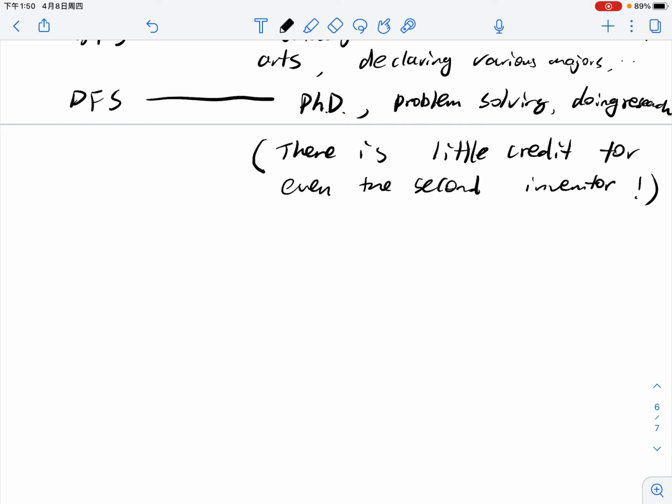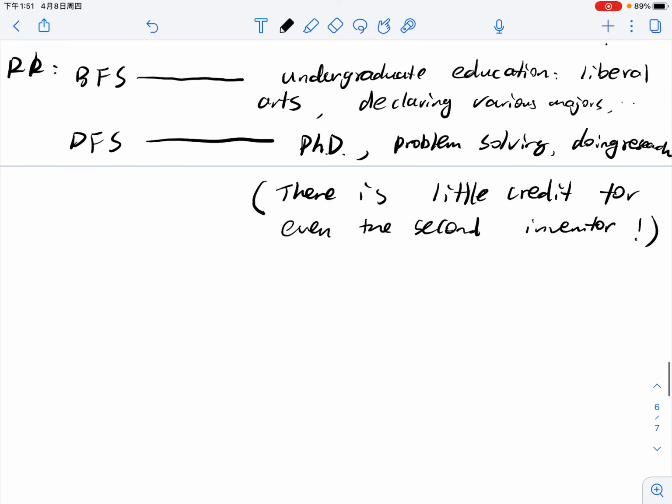Although the thing is very tiny, you're still the first. There's no second on any part of it in science. No matter how great general relativity is, people only know Einstein. So even if you reinvent general relativity, it makes no sense. So that's a difference. For DFS, you need to go the deepest way.